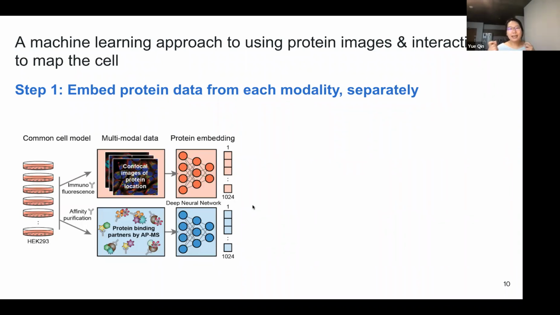This embedding idea is quite often used in biology, and it's most prevalent in the single cell field. If you've seen single cell papers, you probably see t-SNE or UMAP plots, and those are two-dimensional embeddings of the transcriptomic profile.